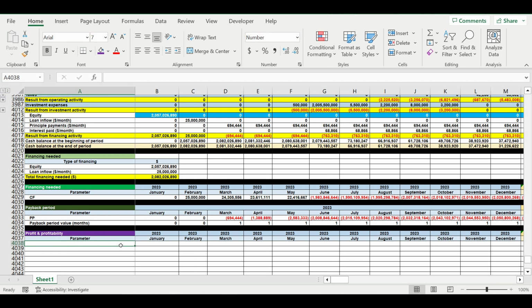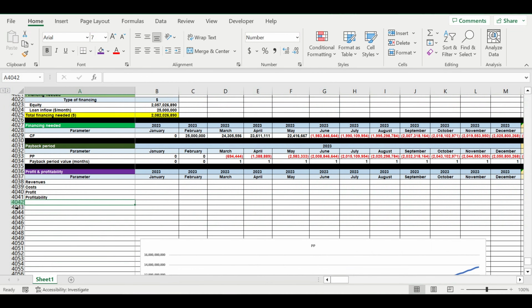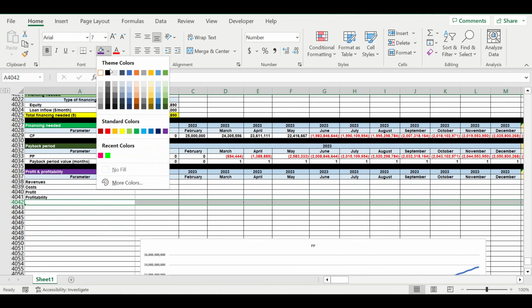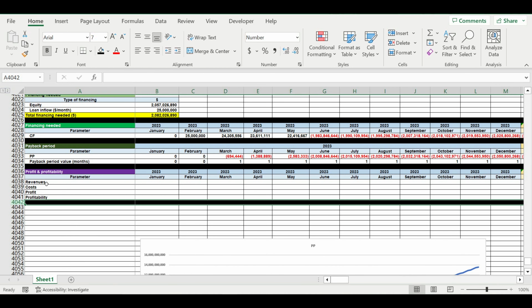So the lines will be revenues, then costs, profitability. This will be a very simple table, but we just need that to feel the breadth of our business idea. We will be looking at this table very often, so this is why we need it.